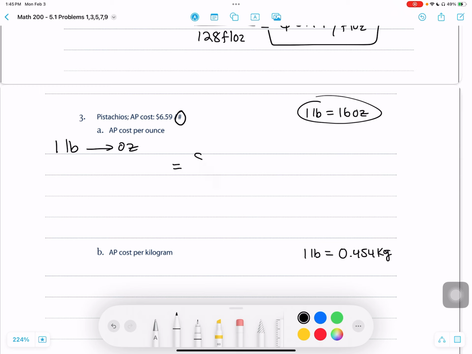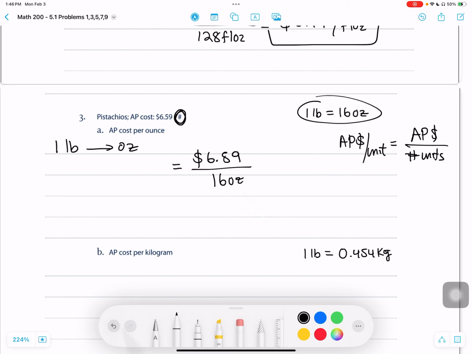Which is the total cost. Let me go ahead and write it down again. The AP cost per unit equals the AP cost divided by the number of units. Okay, so let's go ahead and do it. Total cost is $6.59, and my total number of units in this case is 16 ounces, which is the 1 pound that I have here.